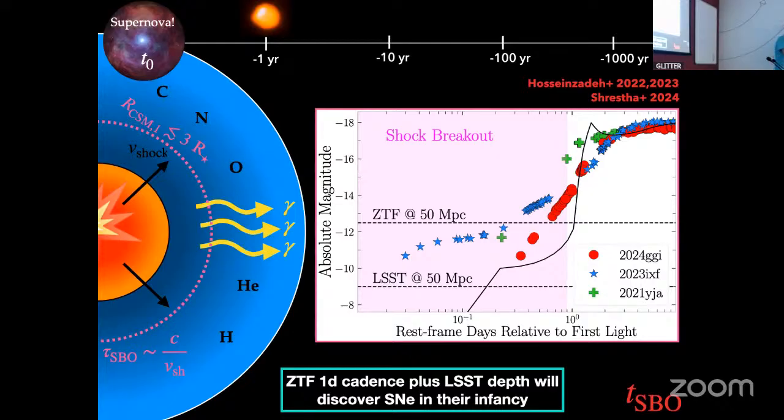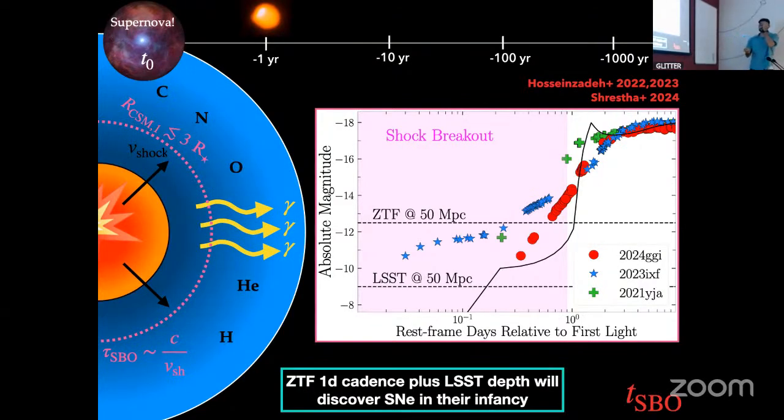They're hitting the same fields intra-night. So the goal is hopefully that LSST provides a detection or at least a very, very deep limit, and then an hour later, ZTF hits the same field, observes a supernova, and we're observing the first light of a supernova within an hour. That's the fantastic part of combining surveys.